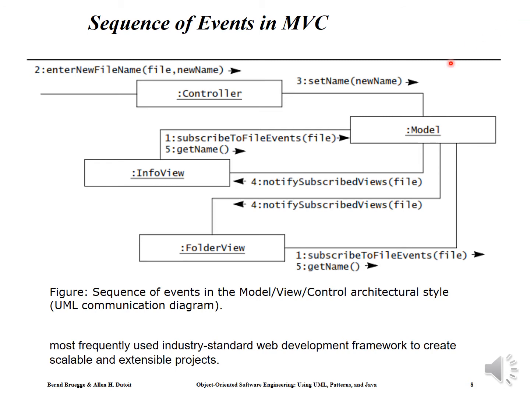So we are making view and controller independent from the model, so that any change in the view, meaning user interface, does not have any effect on the model subsystems.